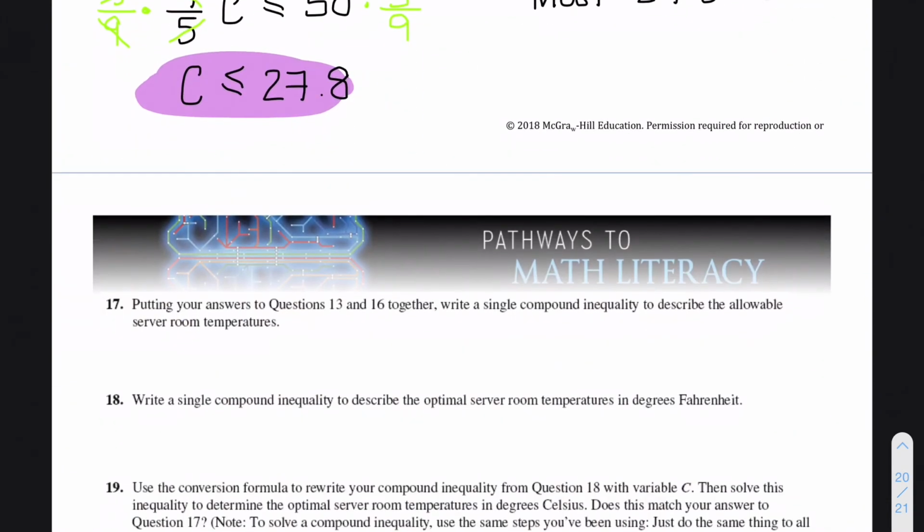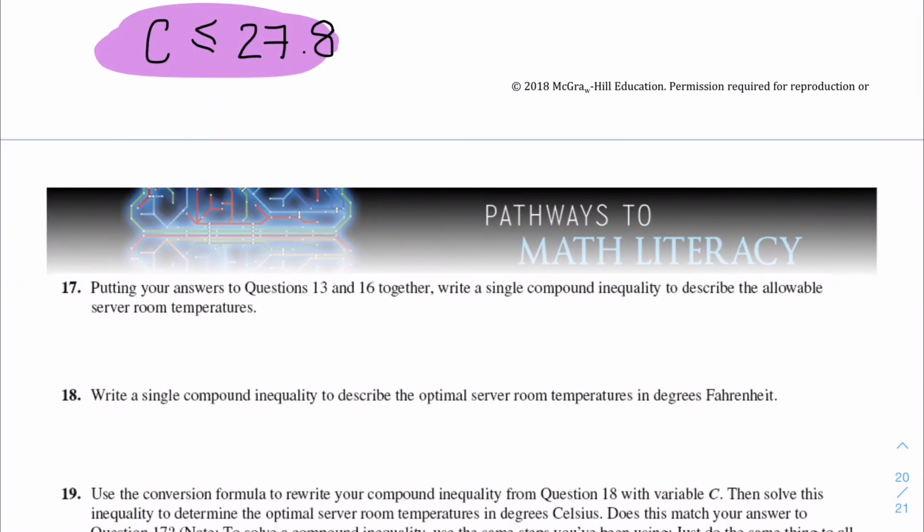So if we write this in a single compound inequality, our degrees Celsius needs to be at most 27.8, but it can't be below 10. So our degrees Celsius is stuck between these two.